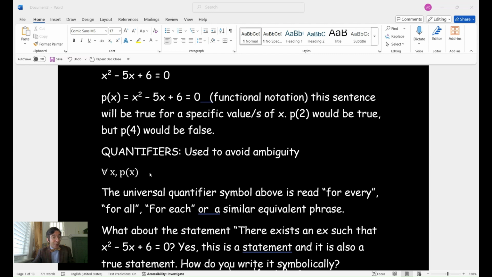Much like idle gossip, P of x is meaningless unless tethered to context. And as people who want to improve our mathematical thinking, we graciously assume the default set for such variables to be the set of real numbers, unless you are informed otherwise.